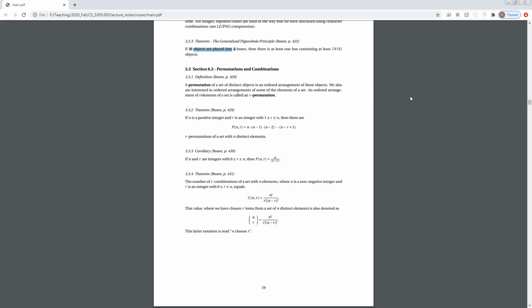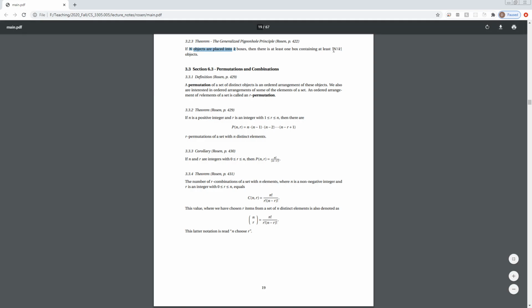So if you have 12 basketballs and you have 4 trash cans that you're stuffing the basketballs into, and these are your only options, then you can't say that they all have the same number, but what you can say is that at least one of the trash cans will have at least 12 divided by 4, so at least 3 basketballs in it.